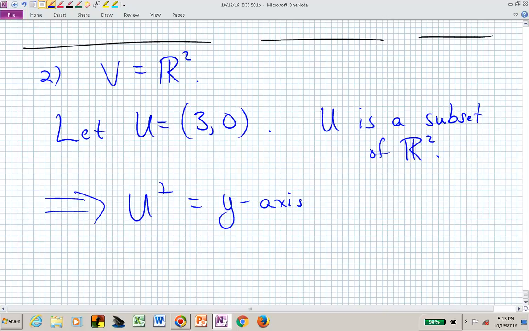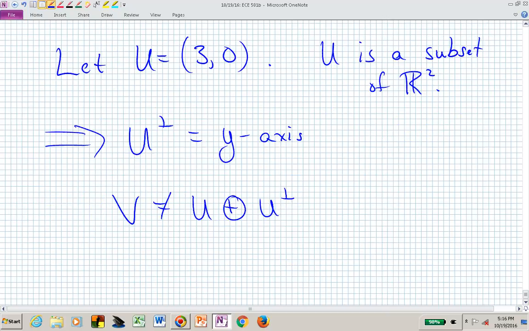Yes, even though we started with a subset. And what's V? Well, V is not U plus U perp, is it? We can't get to every point in V if we only have the ability to deal in the x direction, 1 point, 3.